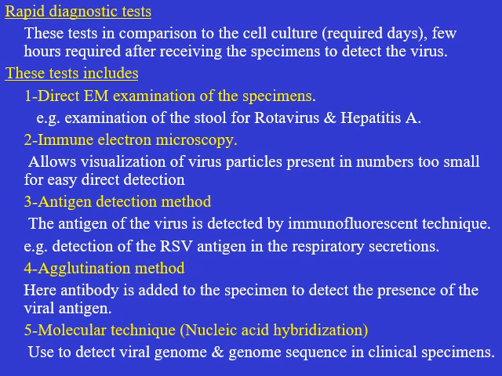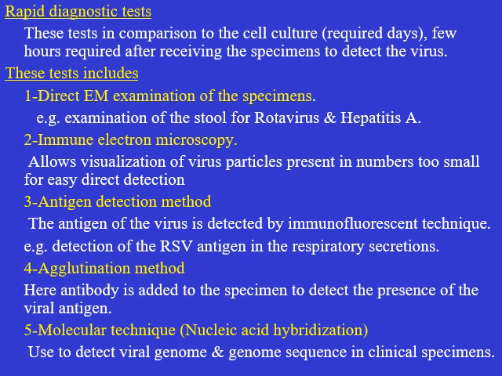Antigen detection method. The antigen of the virus is detected by immunofluorescent technique. An example for this test is the detection of respiratory syncytial virus antigen in the respiratory secretions. 4th, agglutination method.